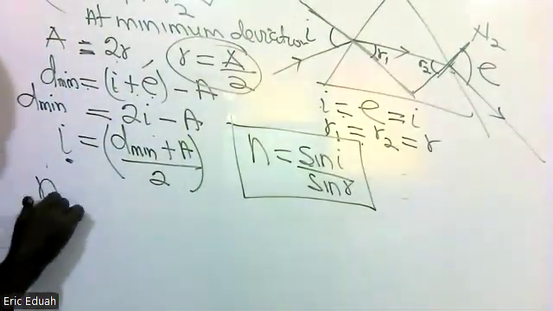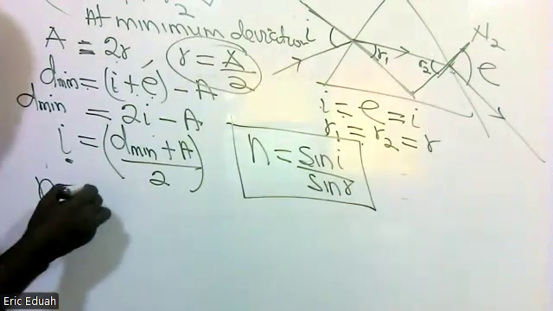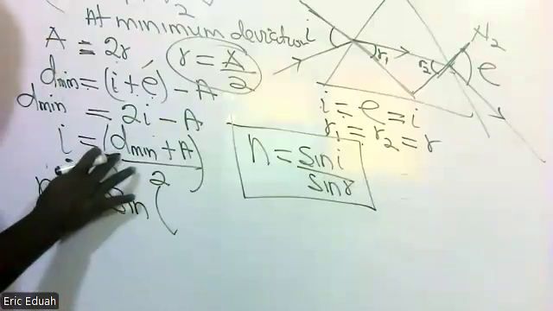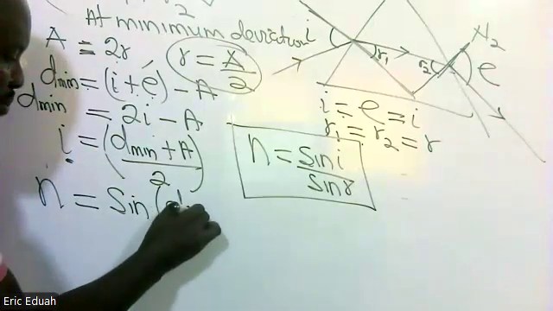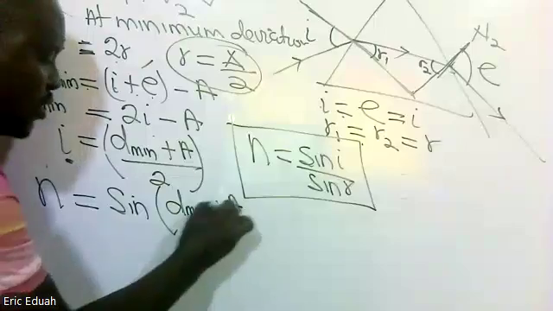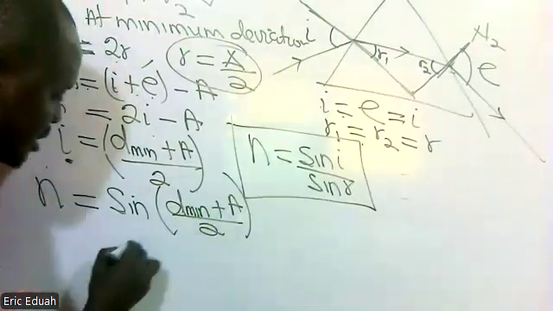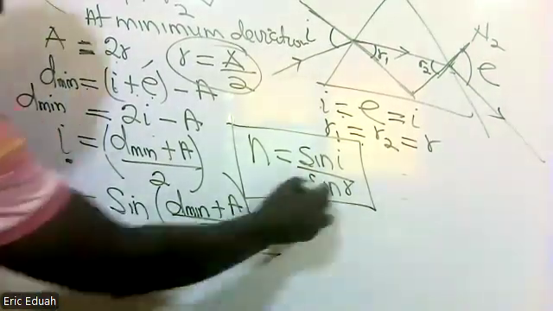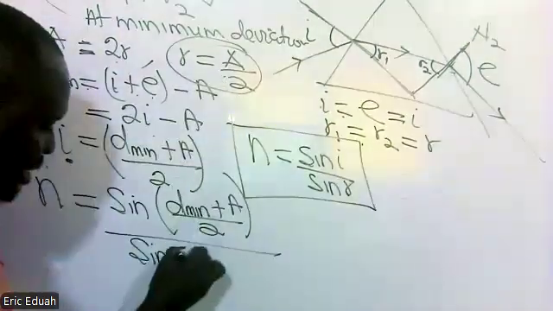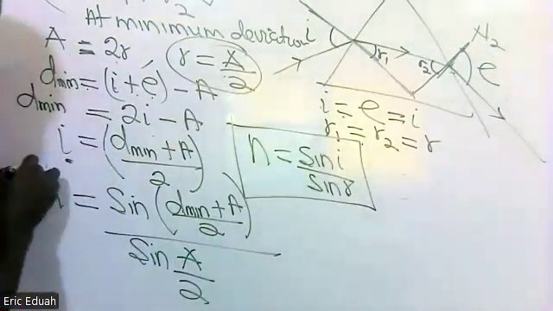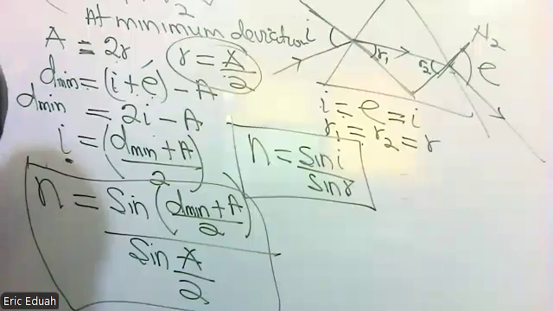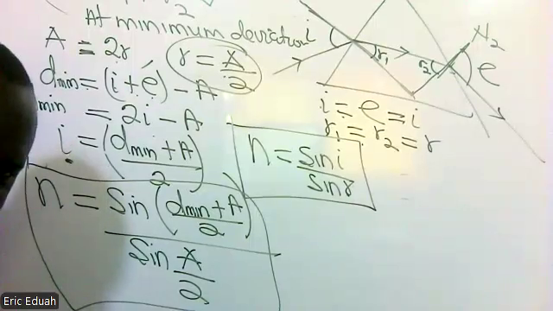Therefore, the refractive index would be equal to sine of I, which is now (D minimum plus A) all over 2, divided by the sine of R. R now is A over 2. So this is the equation to use in calculating the refractive index of the material at the minimum deviation.